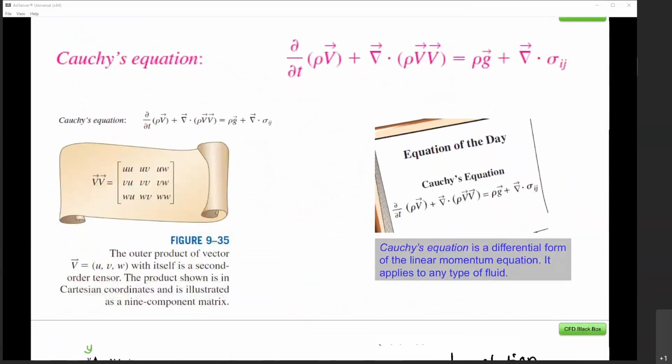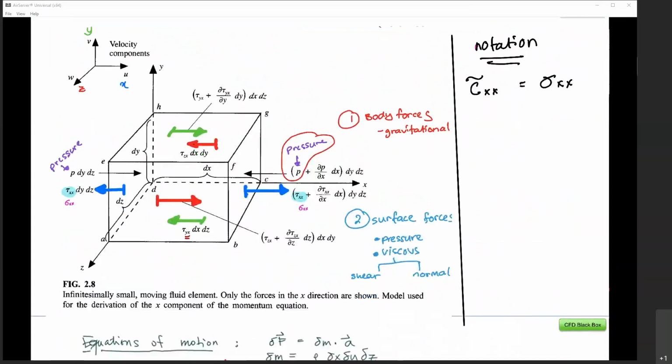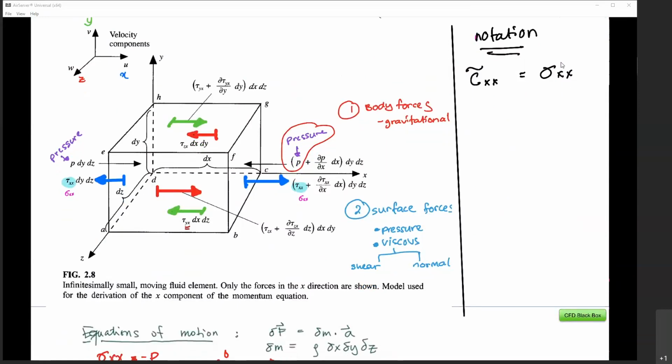So this is the detail. Basically, we include all the forces on the element. Remember, this is an infinitesimally small element, very, very small. And these are all the forces. The normal forces, as I said before, in some literature they use tau xx for the normal stress instead of sigma xx, but it's just the same.